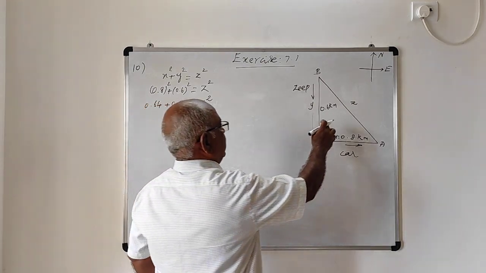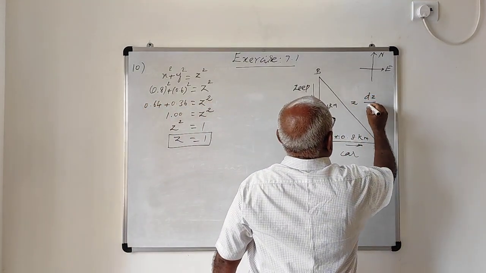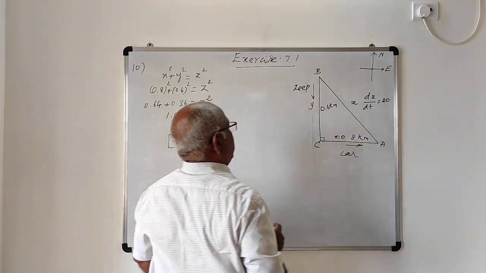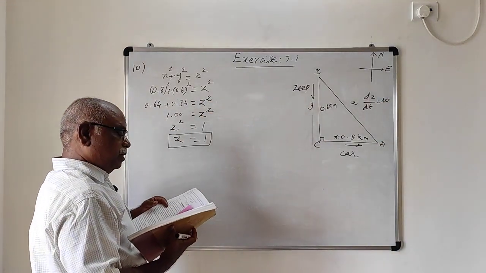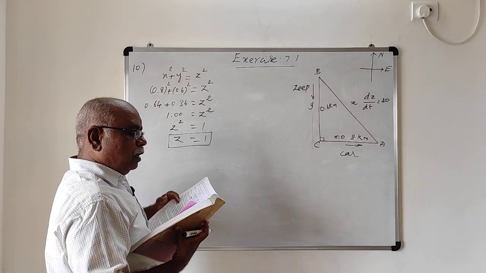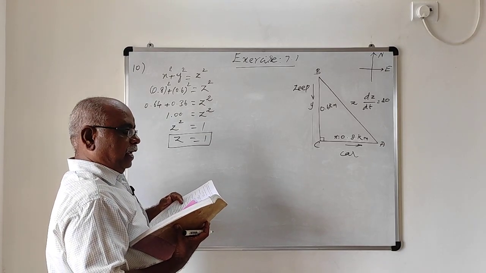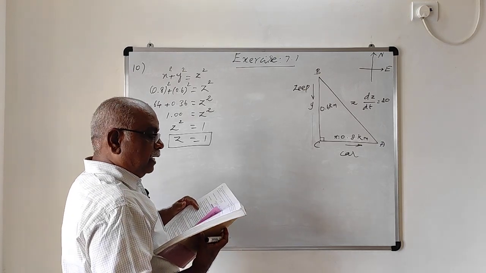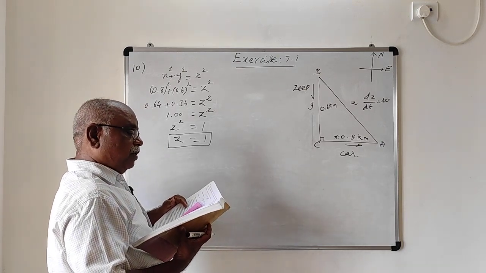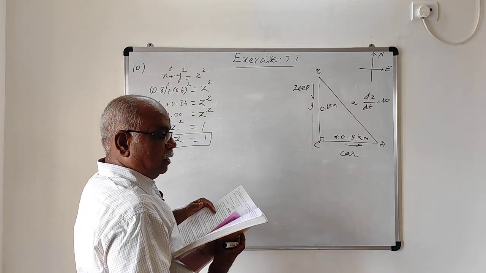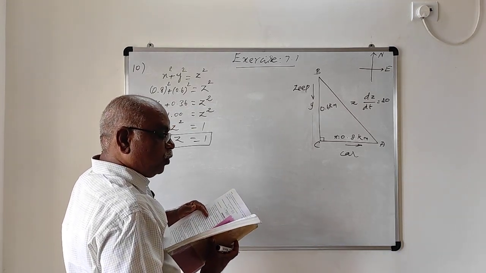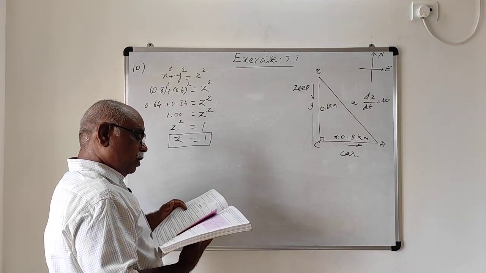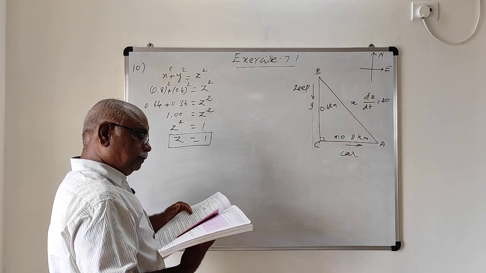So dz by dt is given as 20 km per hour. If the jeep is moving at 60 km per hour at the instant of measurement, what is the speed of the car? The jeep moves at 60 km per hour.